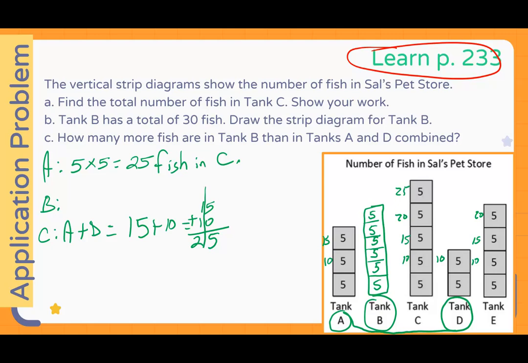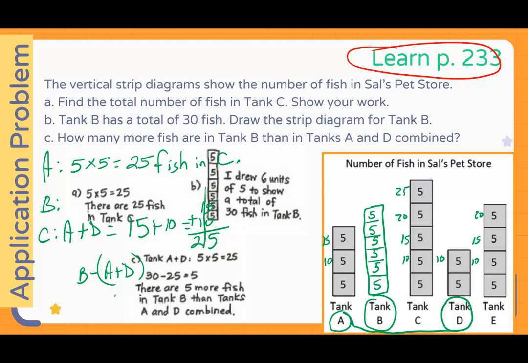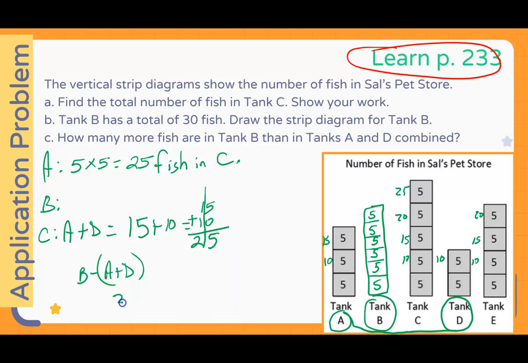Next, they want to know how many more are in B than A and D combined. So B has 5, 10, 15, 20, 25, 30. So B minus A plus D. B has 30 minus A plus D together, which was 25. 30 minus 25.